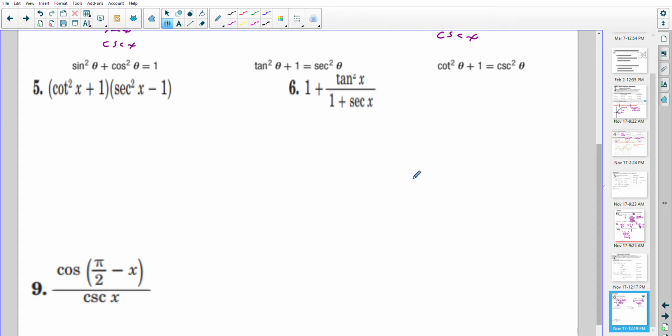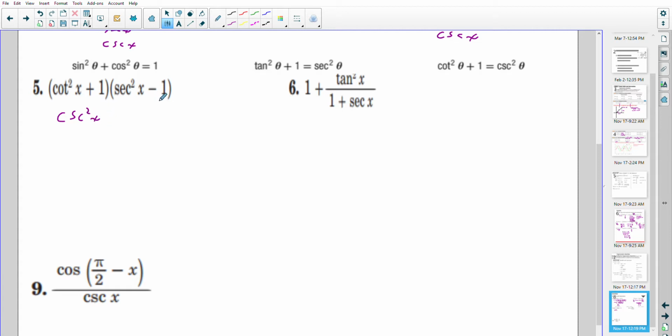Looking at 5 and 6, these where you have squares and plus and minus 1 remind me of Pythagorean identities. So I'm going to look at the Pythagorean identities, and you should have your identity sheet nice and handy. And I'm going to see that the cotangent squared plus 1 is equal to the cosecant of x squared.